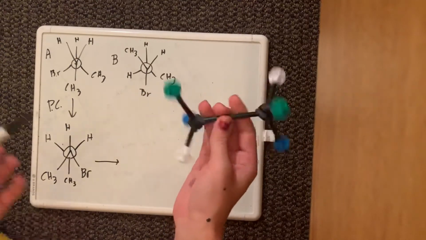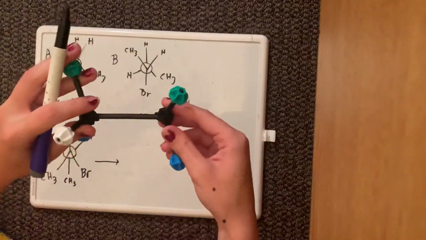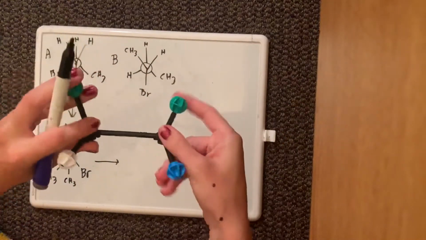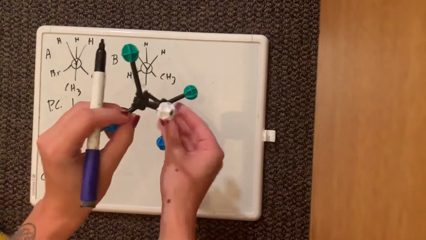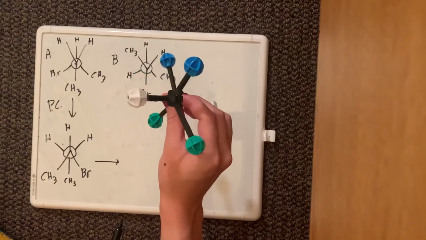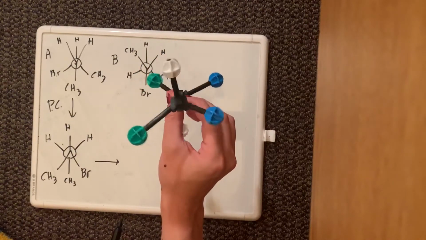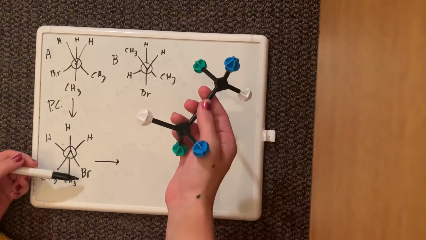How do you know when to do a turn and when to do a rotation? A rotation is only doing one side of the molecule like this. A turn, if I look at it staggered, a turn does this, where it turns the entire molecule. And it looks scary, but just wait. We're only looking at our bromine.